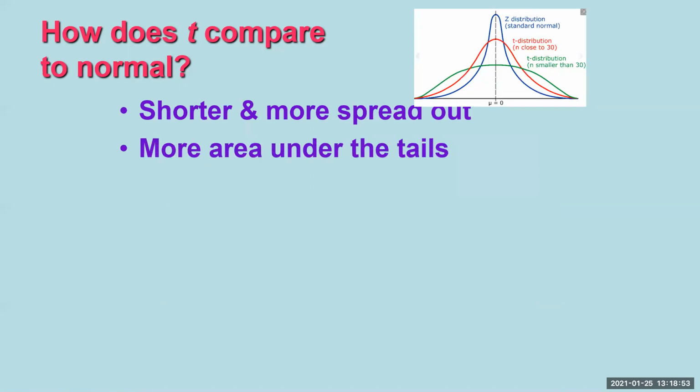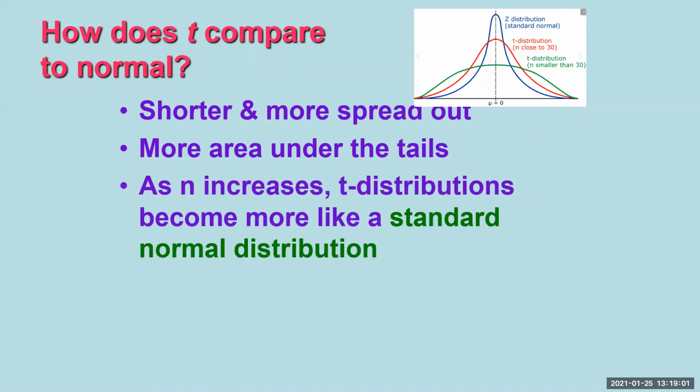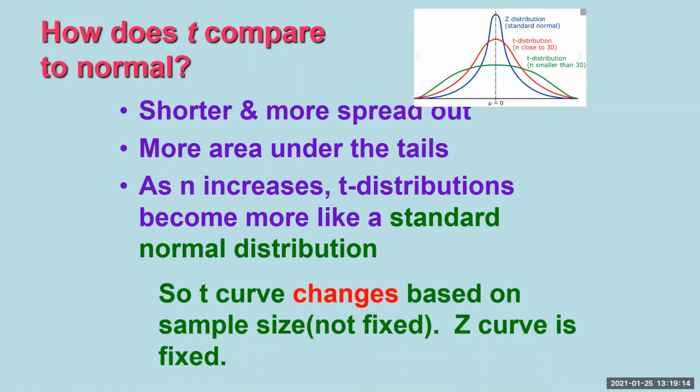It has more area in the tails. All the area is still 1, but you've got more area in the tails as opposed to closer to the middle, the mean. As n increases, t distributions become more like a standard normal distribution. So t changes based on your sample size. It is not fixed. Your z curve is what we call fixed.